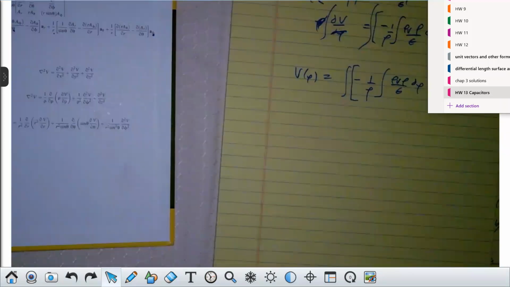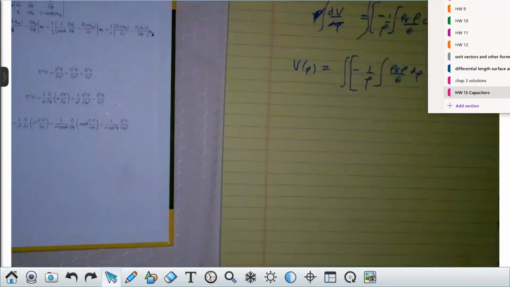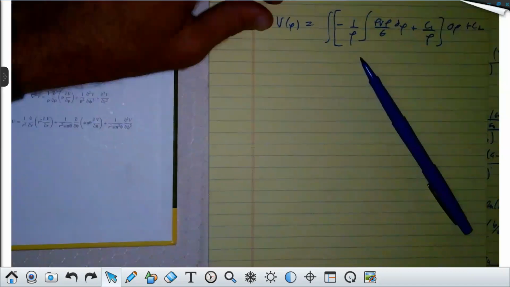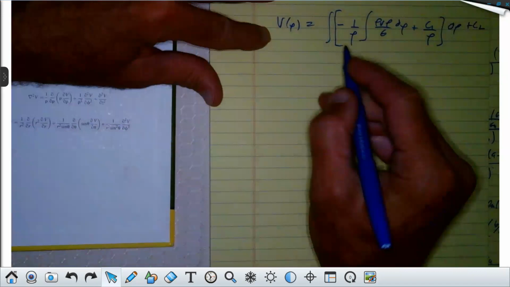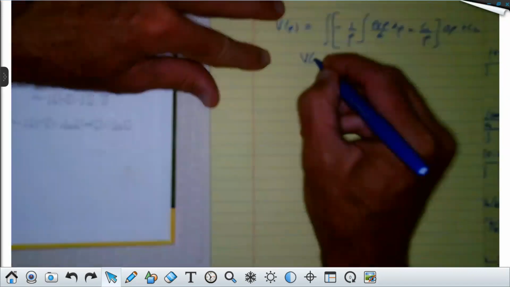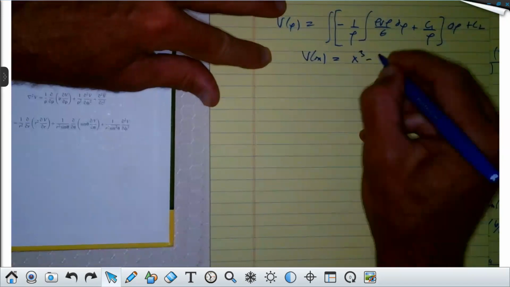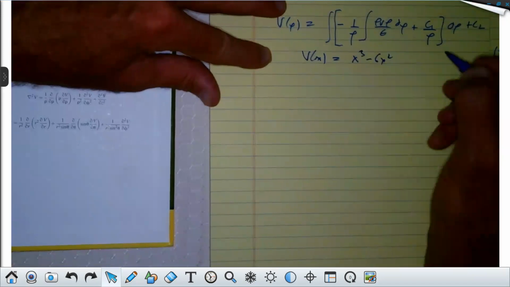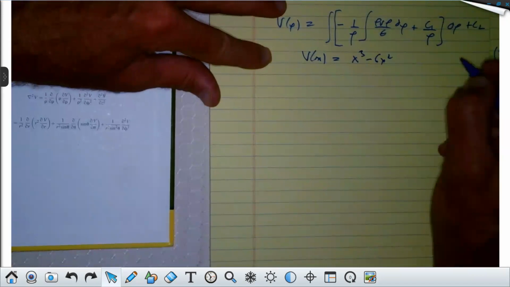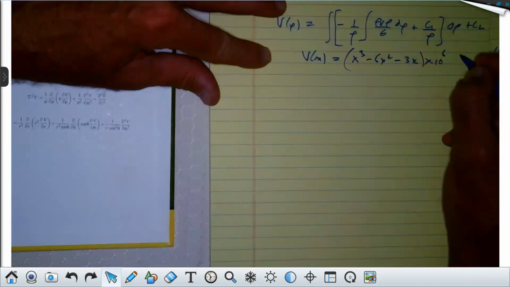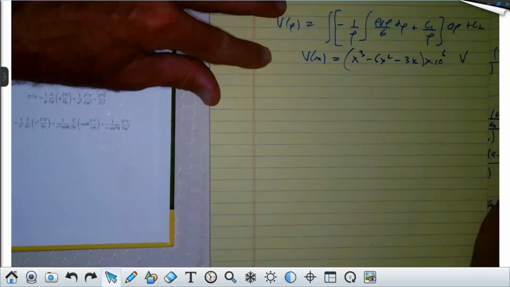So first, I'm going to say that I have an equation, a v of x is equal to x cubed minus 6x squared minus 3x times 10 to the 6th, and that's volts, right?